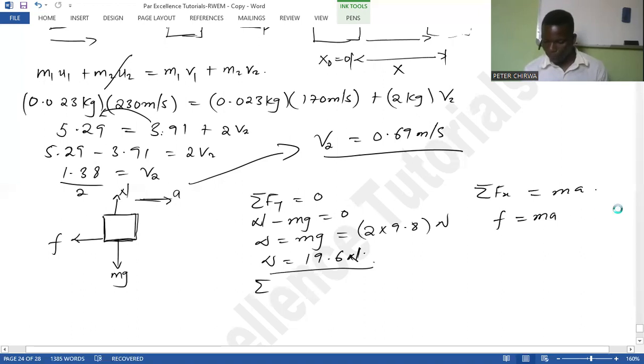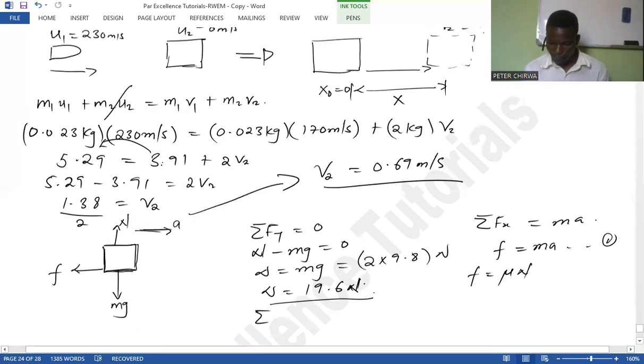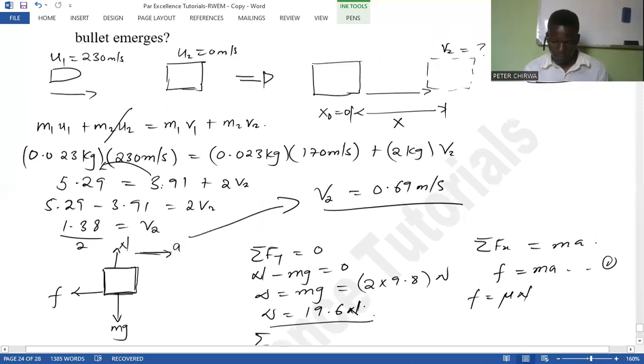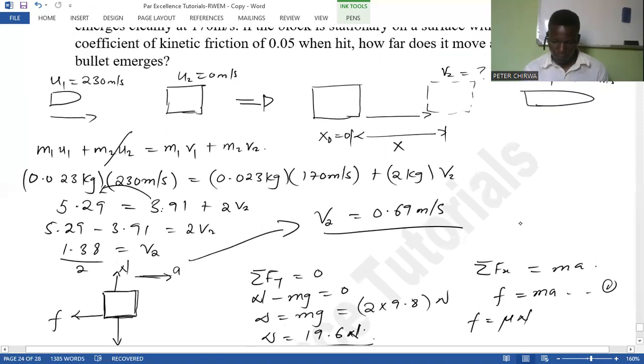One thing again we know is that the friction force is given as mu times the normal force, so we can substitute there. We're given the mu in the question. Let's check it.